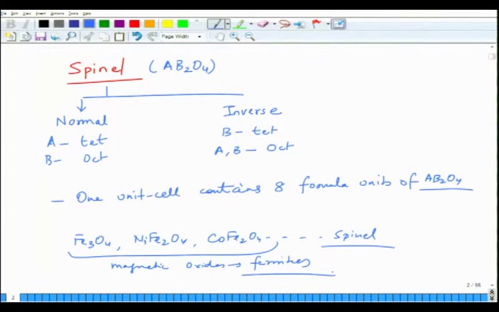They are used for a lot of magnetic applications. So that is why it's important to know how the sites are filled in these structures, and based on the site filling they show some interesting magnetic phenomena.